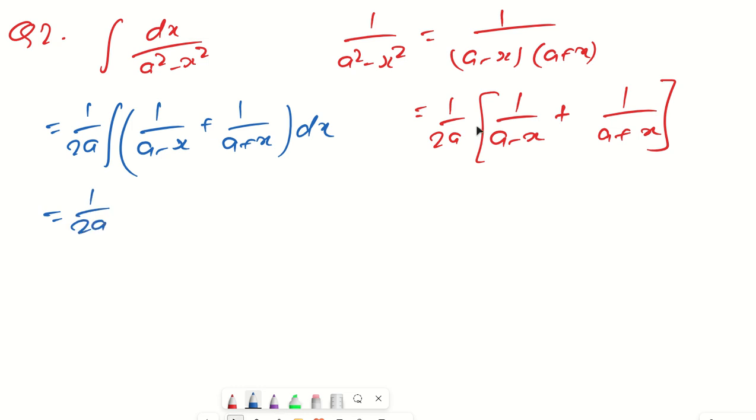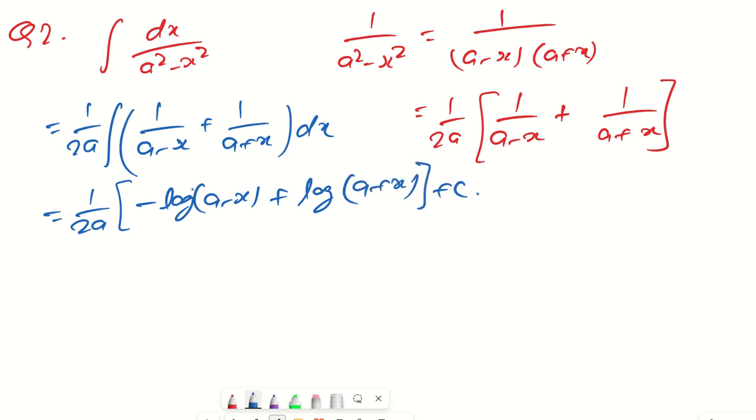Alright. So if you see here, the integration of this is going to be 1 by 2a. Now 1 by x is log x, but it is negative, so I have to put one negative extra. So what will happen? Log of a minus x, and then it will be minus, right? Plus log of a plus x plus some constant c.